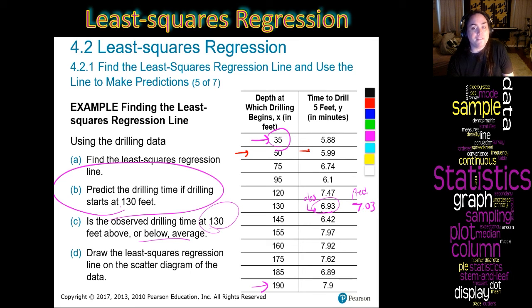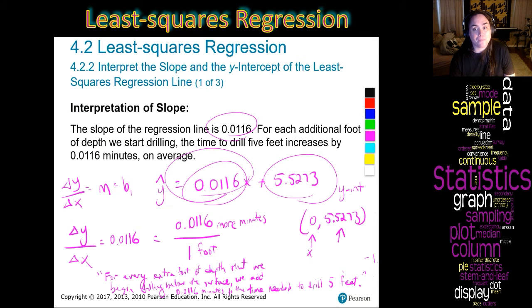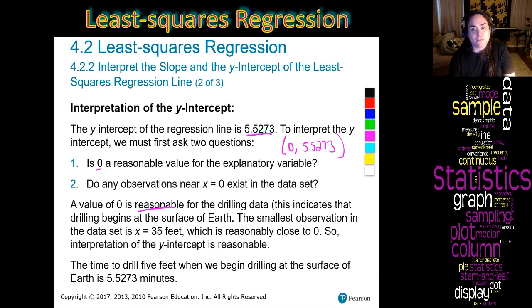And at 35 feet starting depth, it took 5.88 minutes to drill an extra 5 feet. So those two numbers are pretty close, and these two numbers are pretty close. So that seems perfectly reasonable.